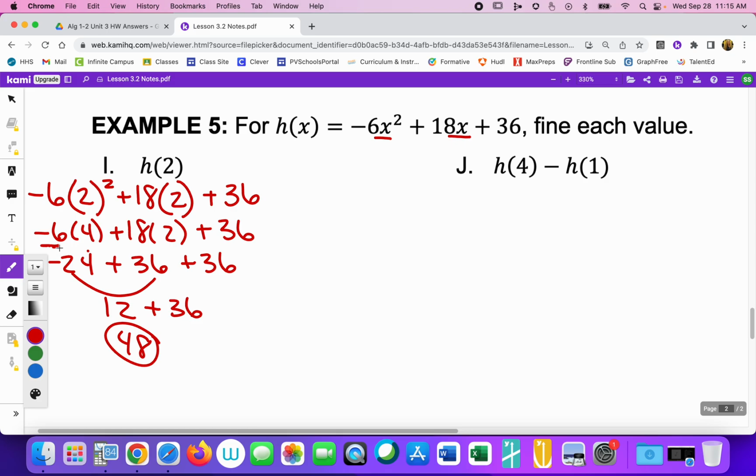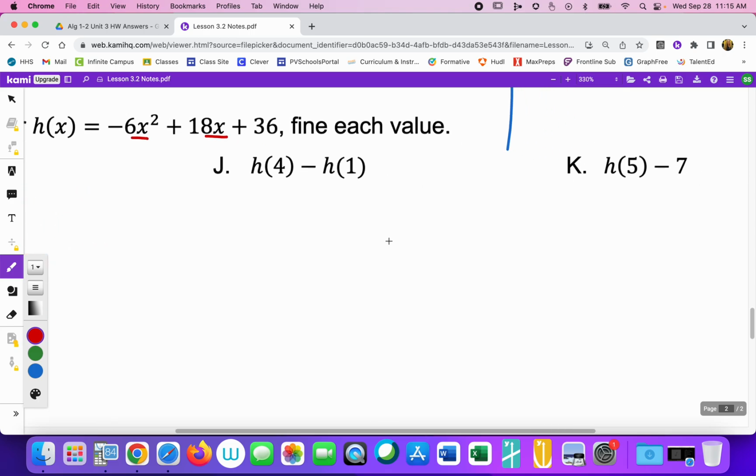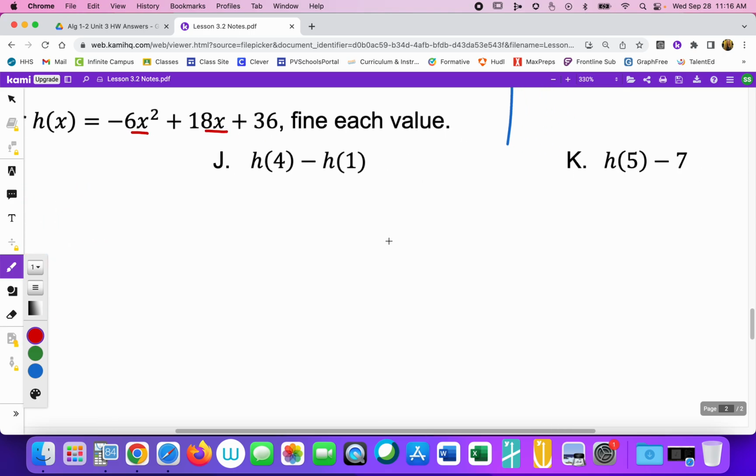So this is why we reviewed order of operations, so that it applies here. Now on J, again, this is similar to the third one we did with the f function. We need to plug 4 in, and we need to plug 1 in, and then we're going to subtract the results. If you want to do it all at once, feel free. If I had to guess, most are going to need to do it separately.